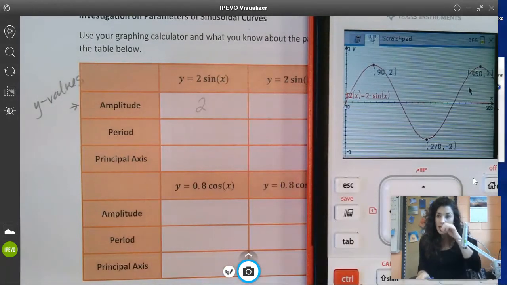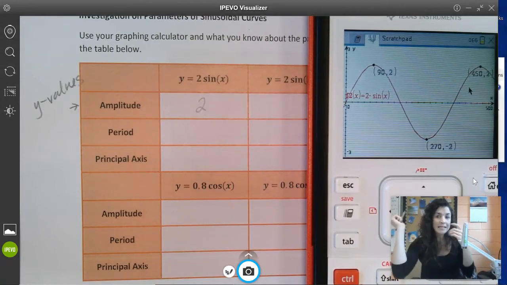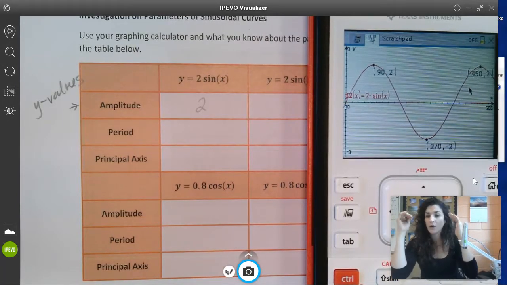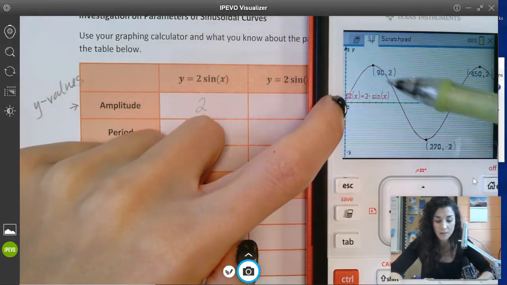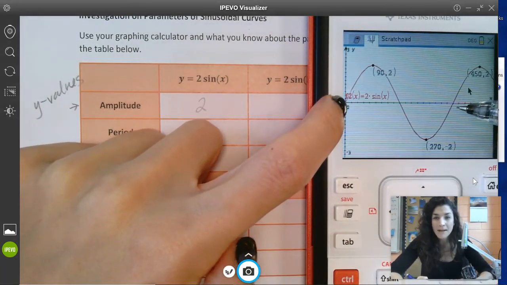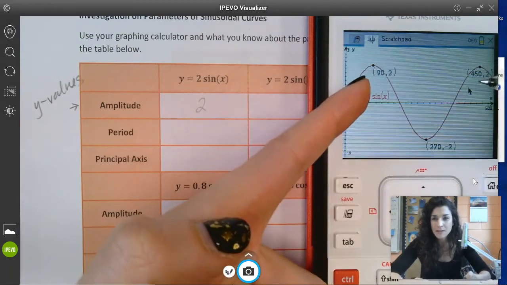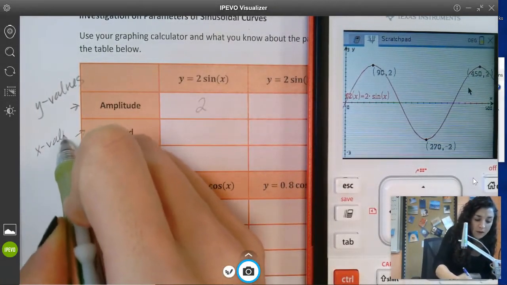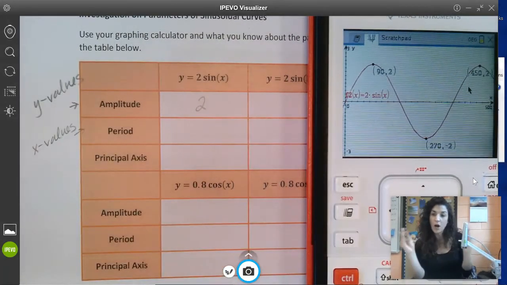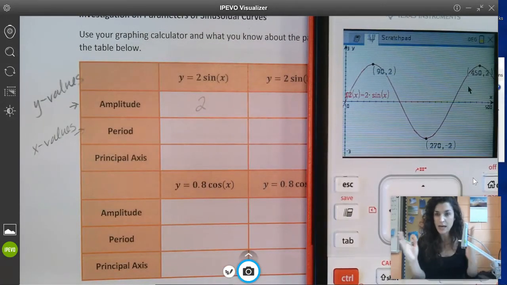Okay. Then the period is how long it takes us to complete one cycle. And as I said earlier, the easiest way to see a complete cycle is either going from maximum to maximum or minimum to minimum. You could start at the middle point here, but I'm already looking at the maximum points. And from here, we're only looking at our x values, right? So we're looking at how long it takes us to complete a cycle, so the x values.